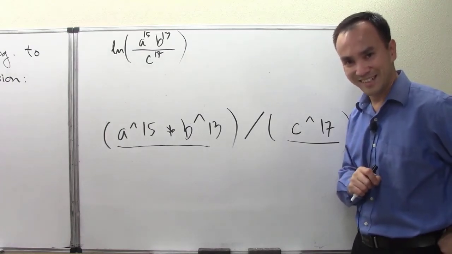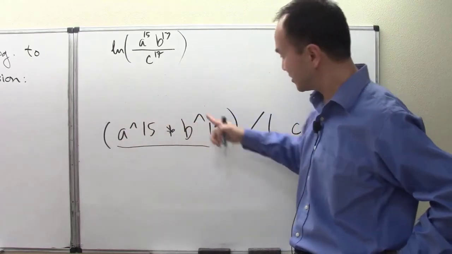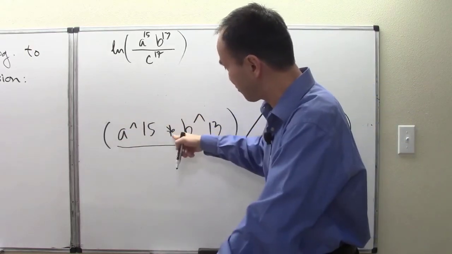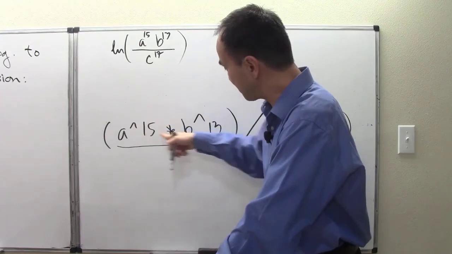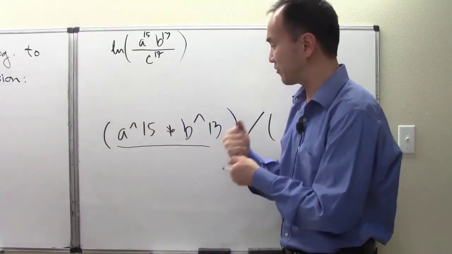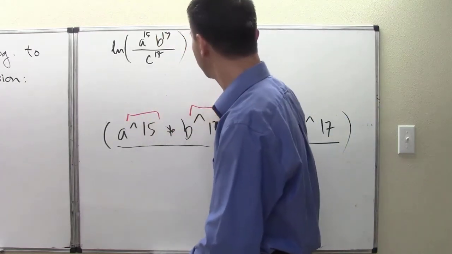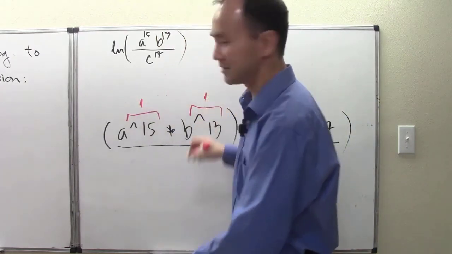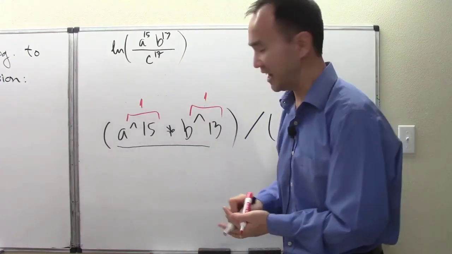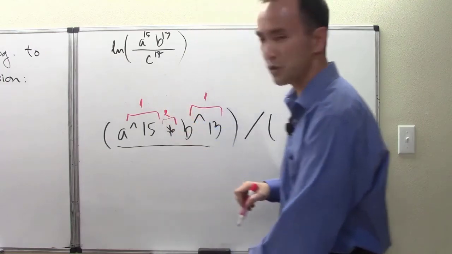For each one of these components, inside here we have the product, and then raising powers, and then the product. So I wrote in red ink that raising the two powers here is the first priority for the calculator, and then this one right here is number 2.